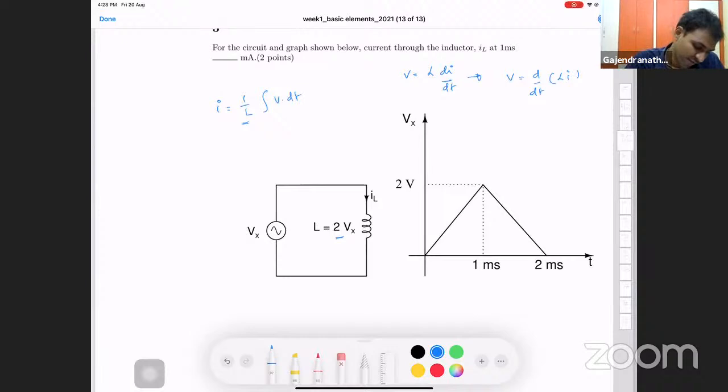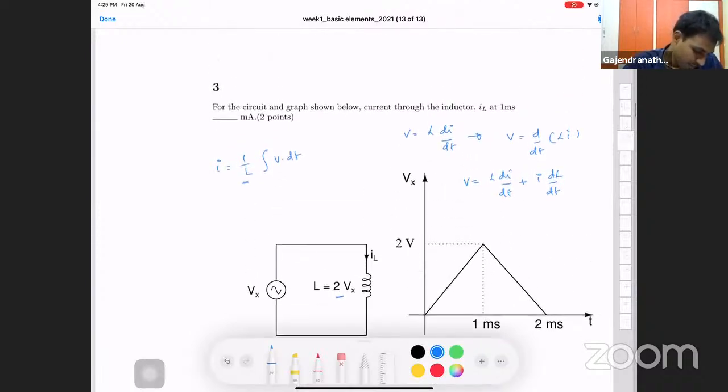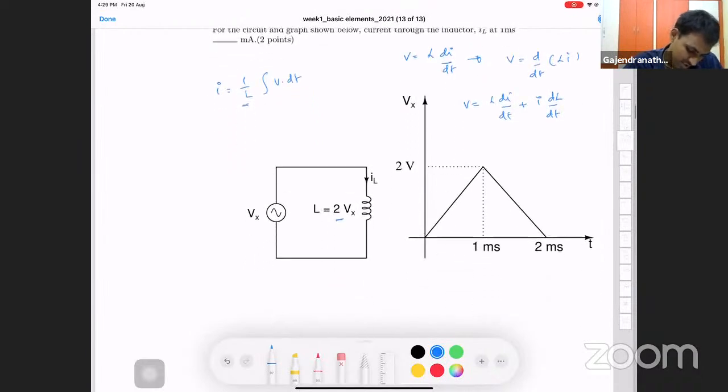So you can write that the voltage across the inductor is L times di by dt plus I times dL by dt. This is the relationship. Now, at what time are we interested? 1 millisecond. So 1 millisecond is here, right? If you see, the voltage across the inductor at 1 millisecond is 2 volts.